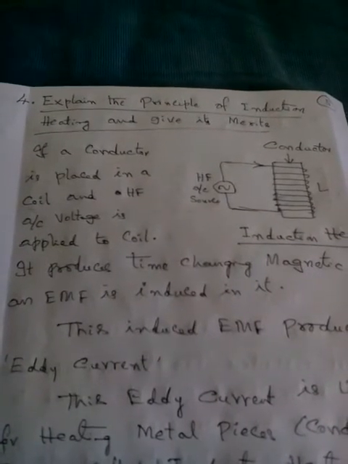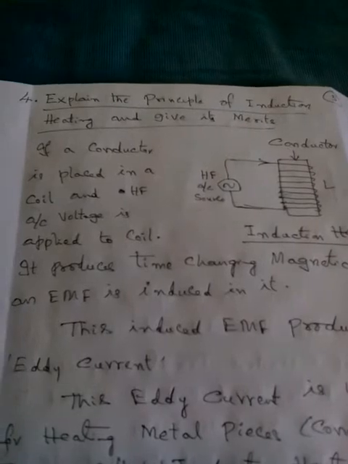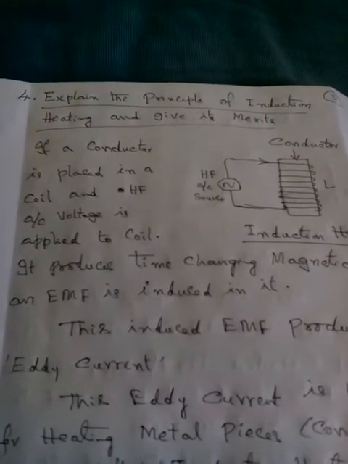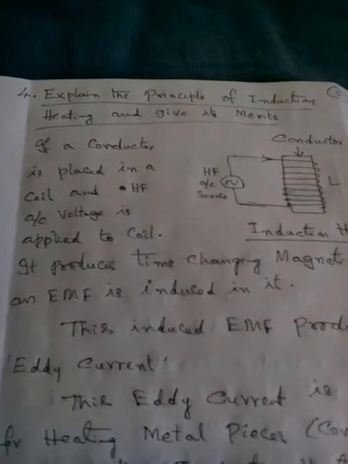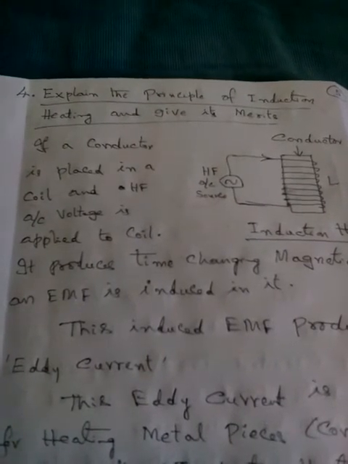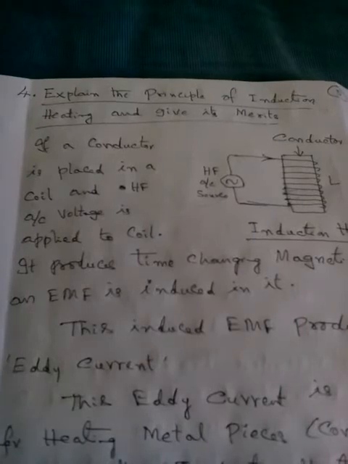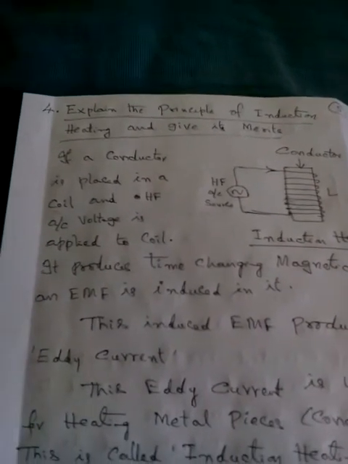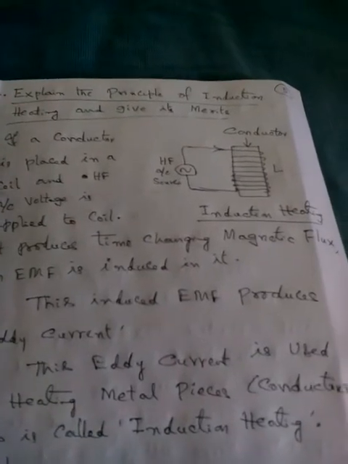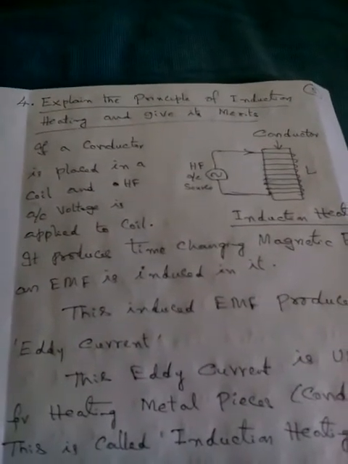So, what is induction heating? If a conductor is placed in a coil and high frequency AC voltage is applied to the coil, it produces time changing magnetic flux and an EMF is induced in it.